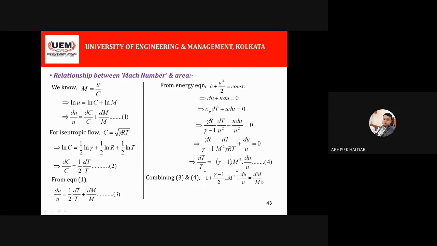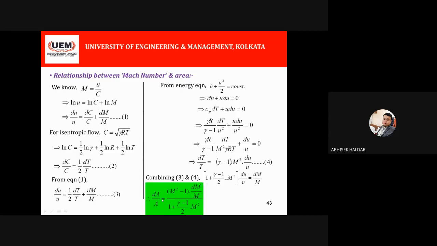Here already we are having du by u, that's why 1 plus. Here we are having minus, we are taking that to the left hand side. So 1 plus gamma minus 1 by 2, the 2 is coming basically from this half, into m square into du by u is equal to dm by m. Already we are having dm by m.